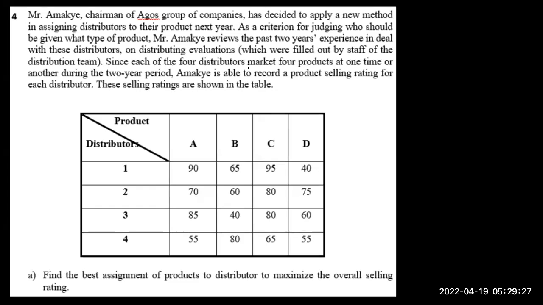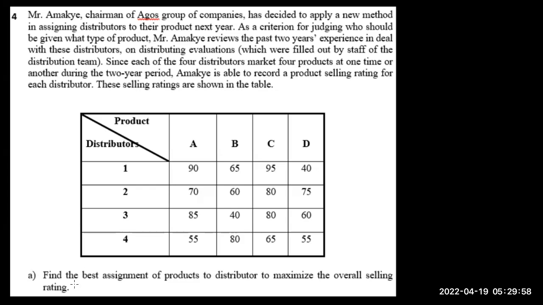Since each of the 4 distributors market 4 products at one time or another during the 2-year period, Amachi is able to record a product selling rating for each distributor. These selling ratings are shown in the table. Find the best assignment of product to distributors to maximize the overall selling rating.